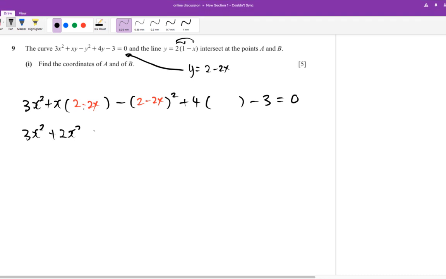Okay, it's fine. Plus 2x plus minus 2x squared. And then this one, I will expand it, which is 4 minus 8x plus 4x squared. Plus, oops, we still have 1, 2 minus 2x here.